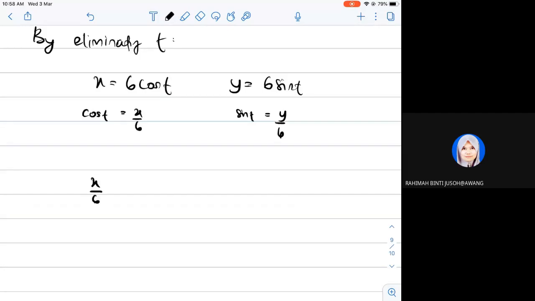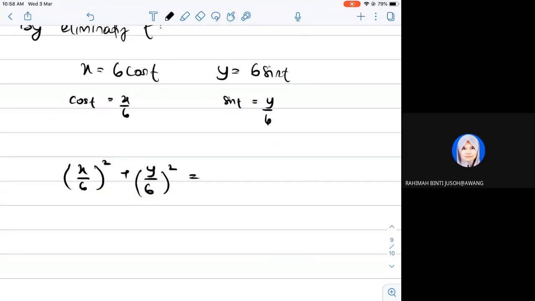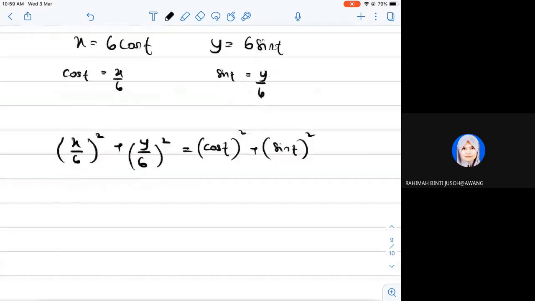We have x over 6 squared plus y over 6 squared equals to 1. Kejap. Sebelum tu. Okay, x over 6 is actually equals to cos t squared. Okay, and then plus y over 6 is sin t, so squared. Okay, so right now, I'm going to use the pink color.